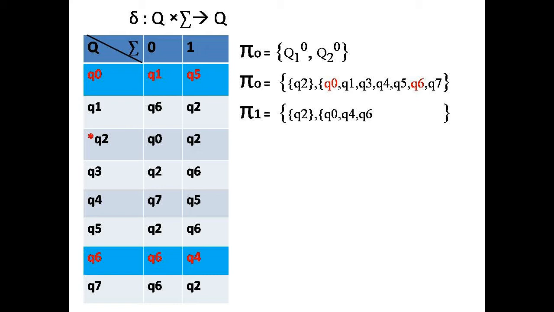Q0 and Q6 on 0 input symbol go to Q1 and Q6. Q1 and Q6 are in the same set in pi 0. Q0 and Q6 on 1 input symbol go to Q5 and Q4. Q5 and Q4 are in the same set in pi 0. Therefore we can add Q0 with Q6 in pi 1 equivalence.